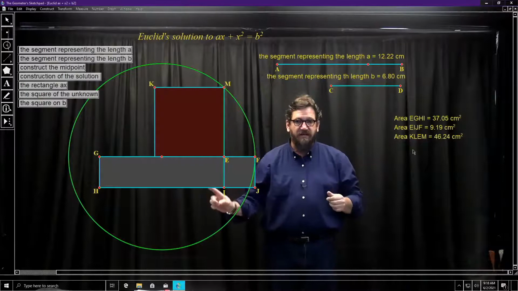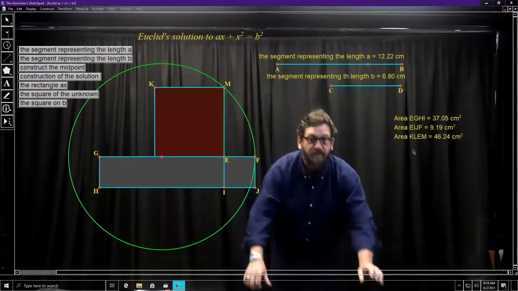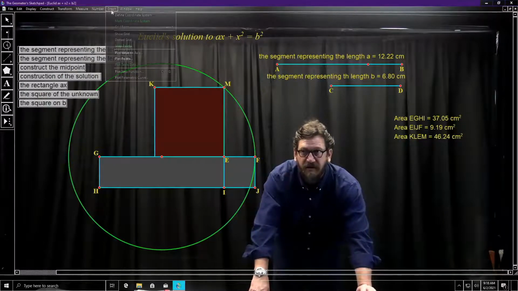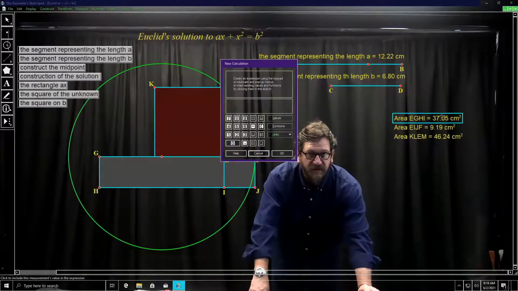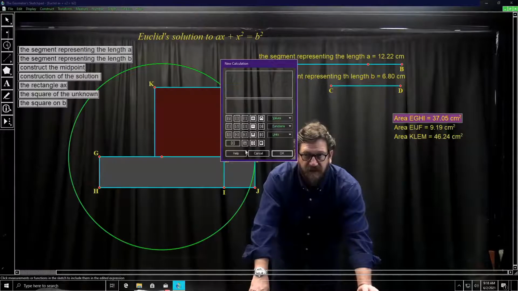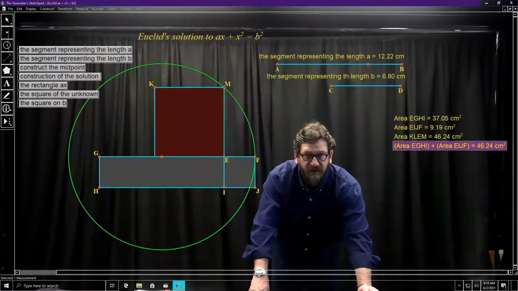But wait a minute, we said the rectangle plus the square. So I'm going to have to come up here and do a calculation. My calculation is going to be the area of the rectangle plus the area of the square. And I now see I have 4624, which is the same I have here.